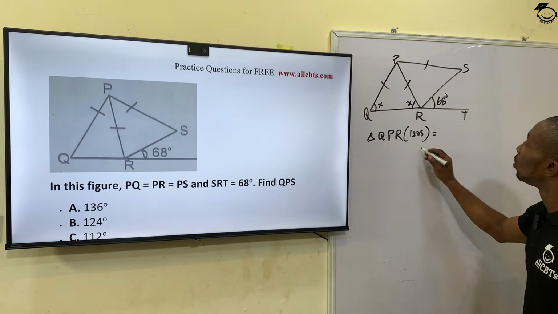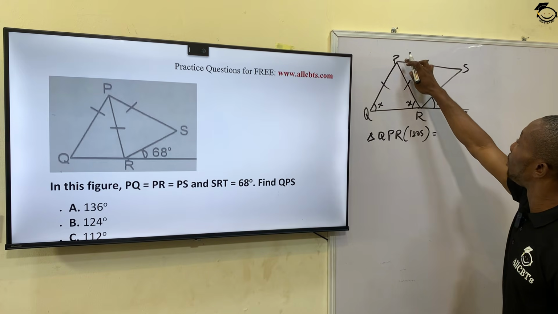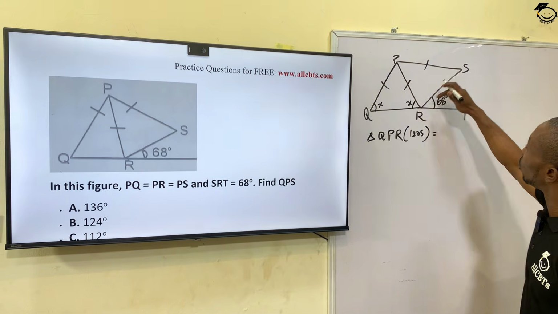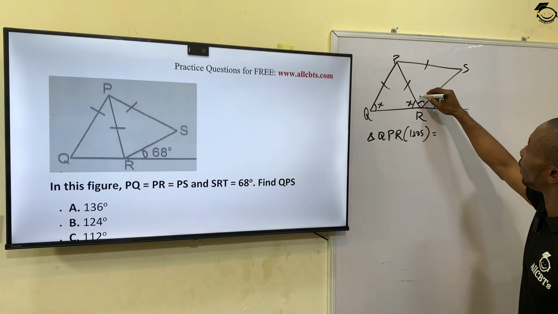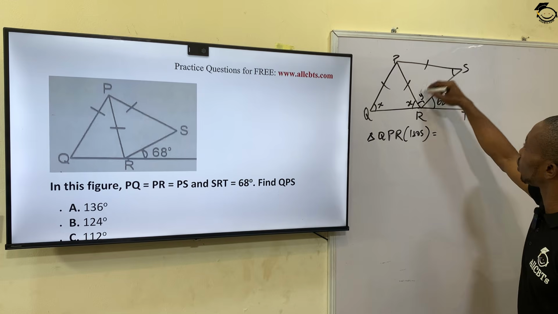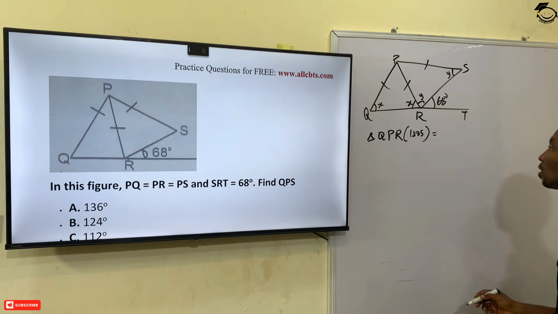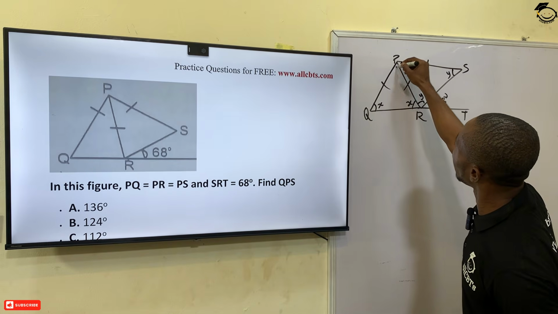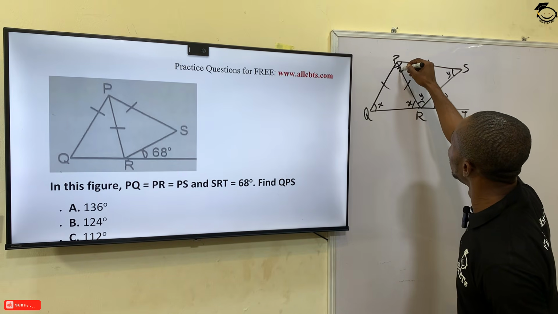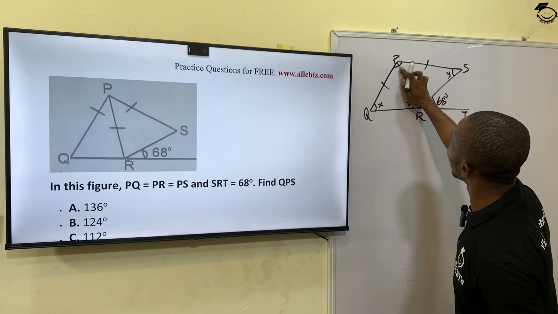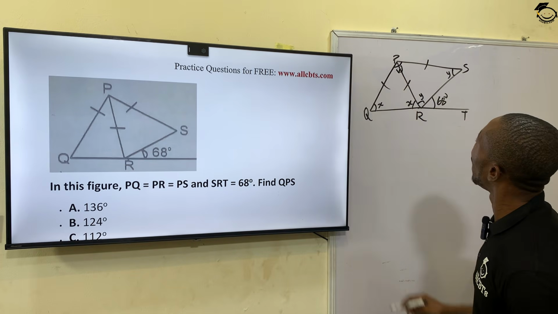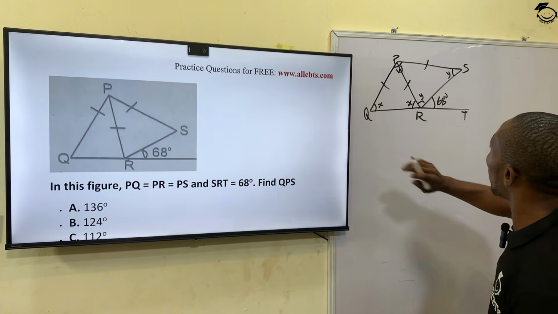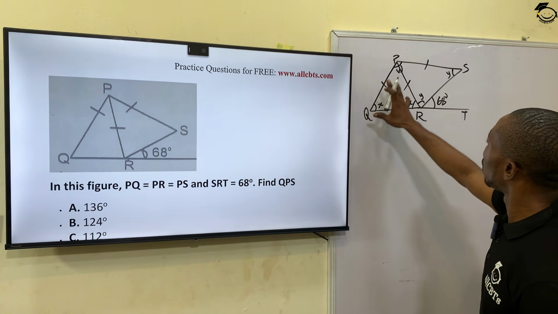Triangle PRS is also an isosceles triangle. So our angle R here will be equal to angle S. Let's call it Y and Y. So now, in solving this, we are looking for this angle. Let's call this angle W. Now, looking for our angle W, we are going to add up all these angles.